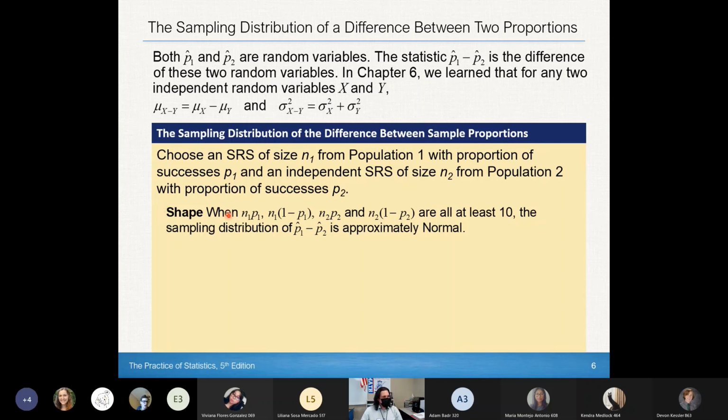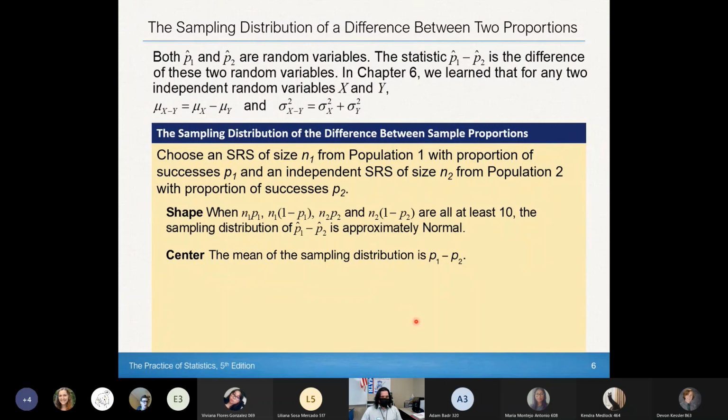When n1 p1, n1 times 1 minus p1, n2 p2, and n2 times 1 minus p2 are all at least 10, I mean we have at least 10 successes and 10 failures in each sample based on the proportions, the sampling distribution of p hat 1 minus p hat 2 is approximately normal. The mean of the sampling distribution is p1 minus p2. And that goes back to this fact here.